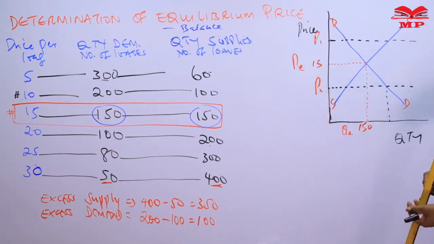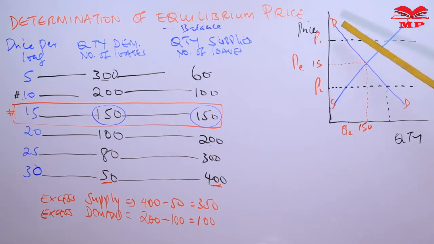When the price is set at P1, which is above the equilibrium, there would be excess supply in the market.